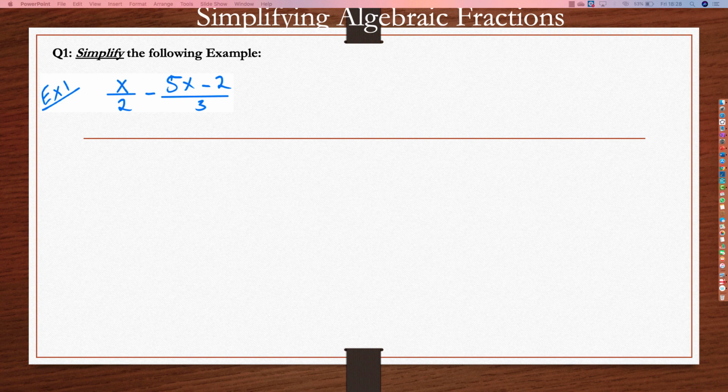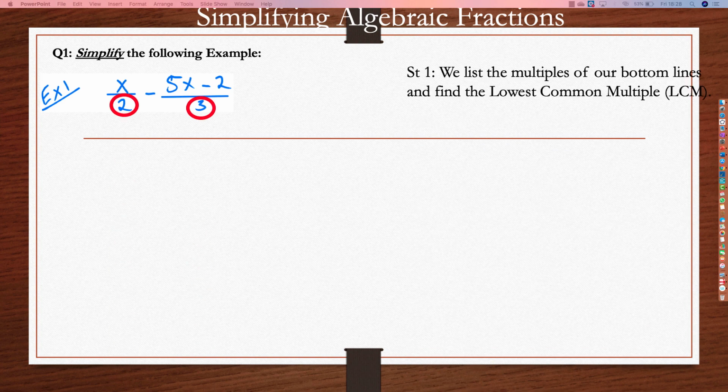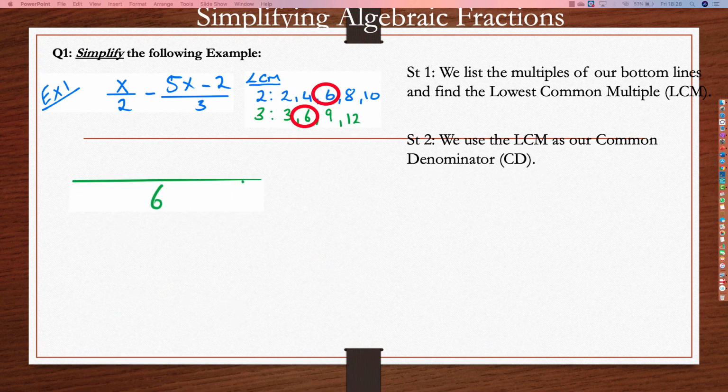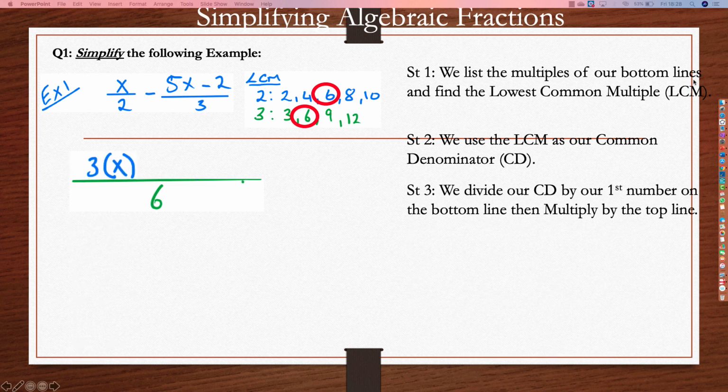So as I said, you get the lowest common multiple or lowest common denominator of 2 and 3, which is 6. Then we say 2 goes into 6 3 times by our top number, which is x.